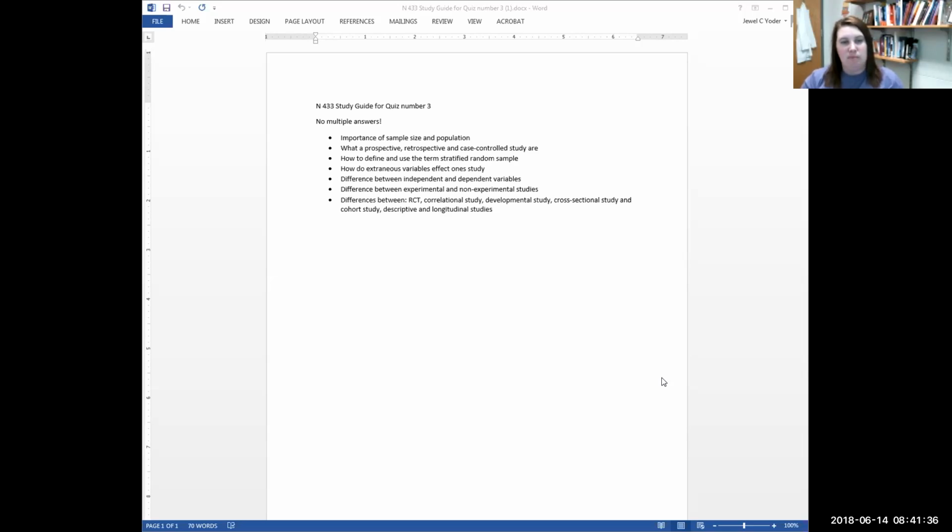The differences, again, between independent and dependent variables. We've been looking at that all along. Differences between experimental and non-experimental studies. Again, what are those level 2? And then the quasi-experimental level 3, and then our non-experimental studies level 4. Kind of what are the differences between those?